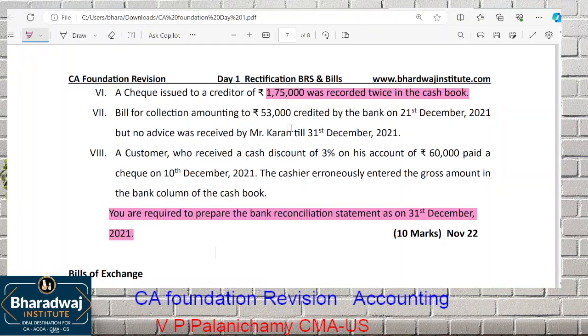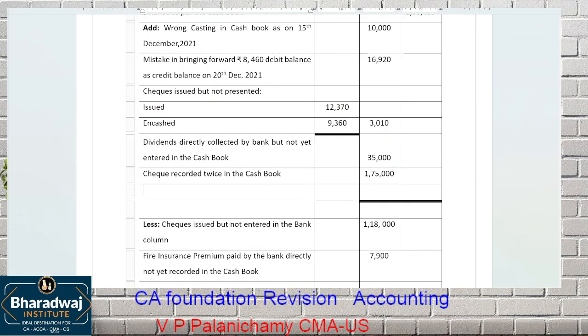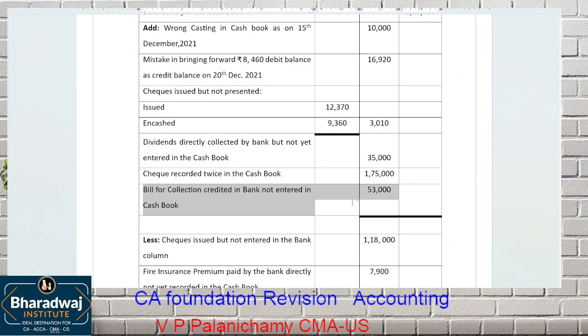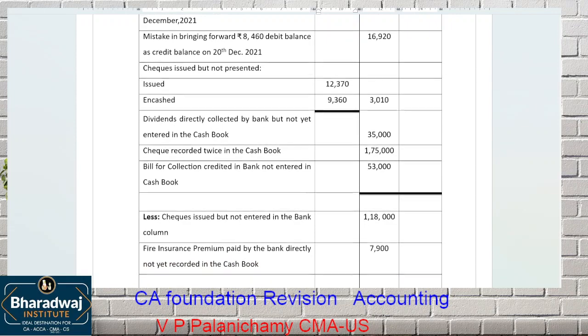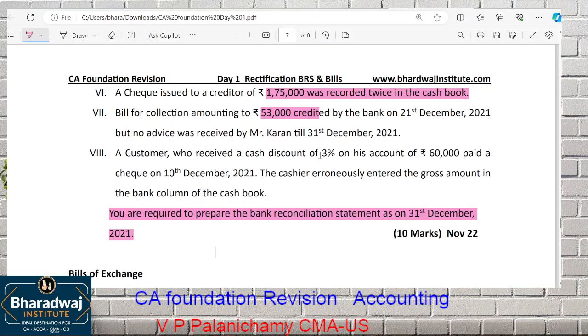Then bills for collection credited by the bank but not recorded in the passbook. The bank has added it after collecting, so let us also add it. Then what is the next one? Customer who received a cash discount of 3% on 60,000 and paid a check. The cashier recorded everything in bank column.